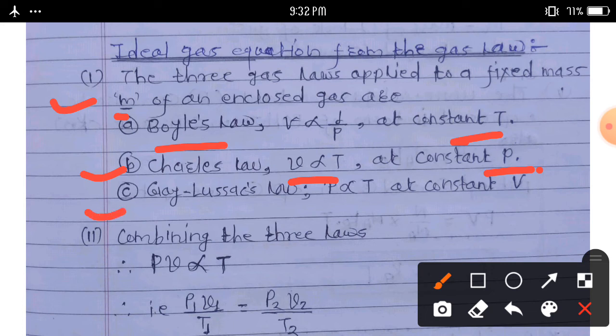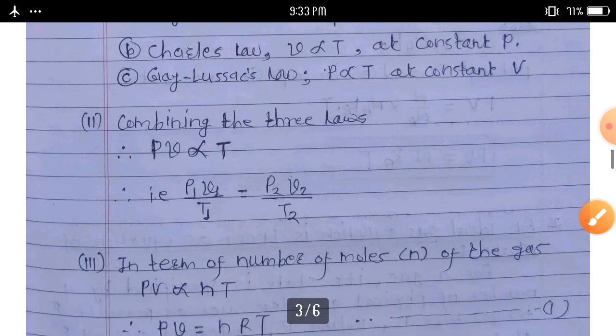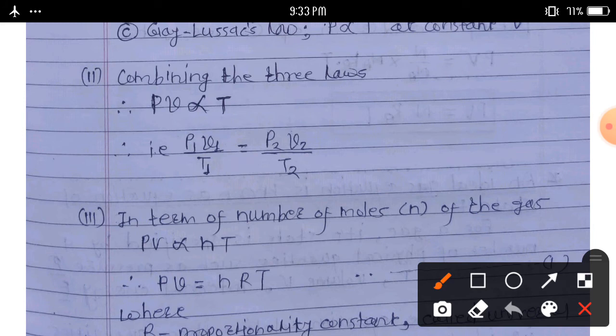And next, Gay-Lussac's law: P is directly proportional to T at constant V. Combining these three laws, we can write PV is directly proportional to capital T. This equation we can write as P1V1/T1 = P2V2/T2.